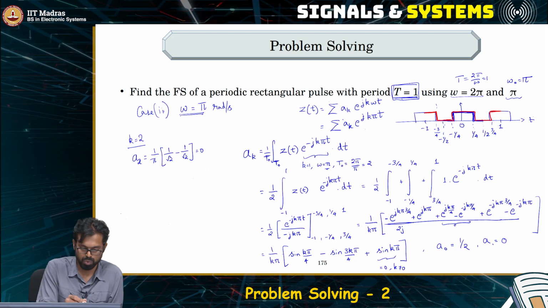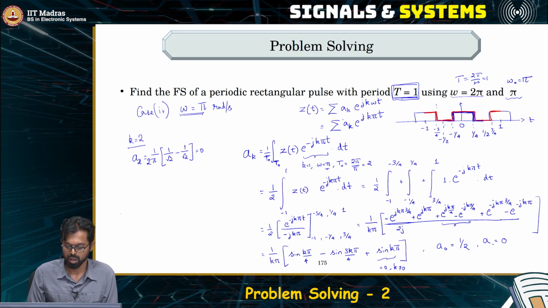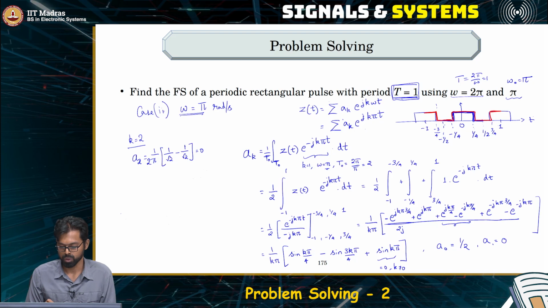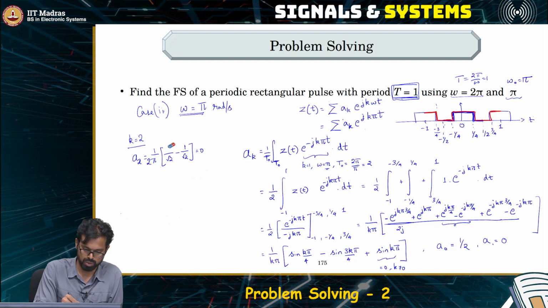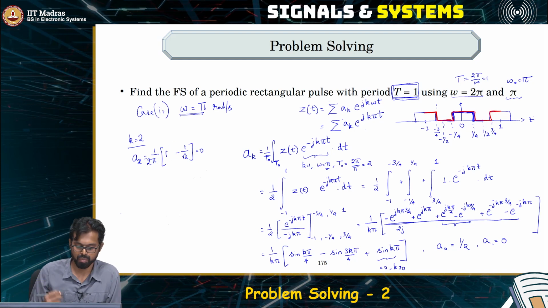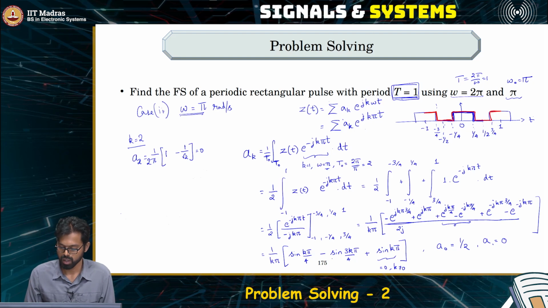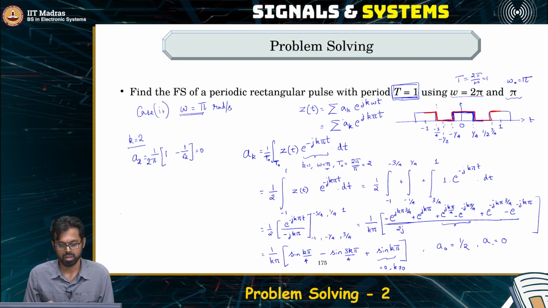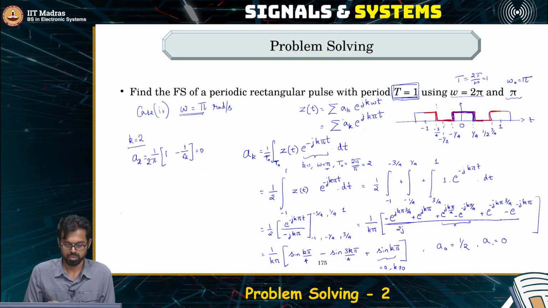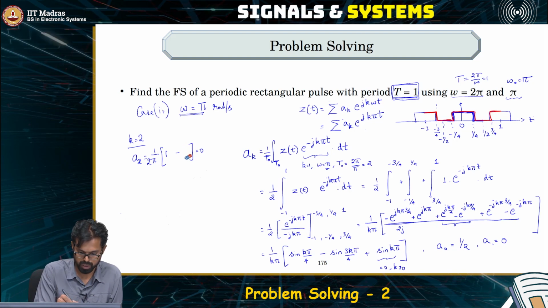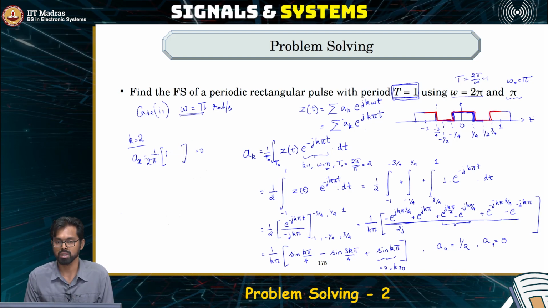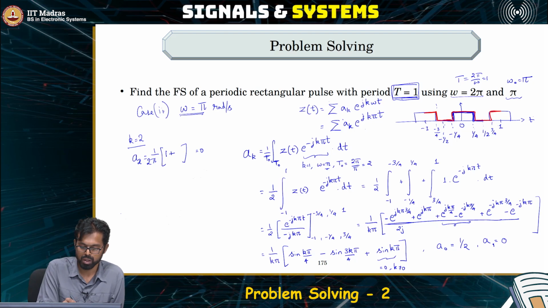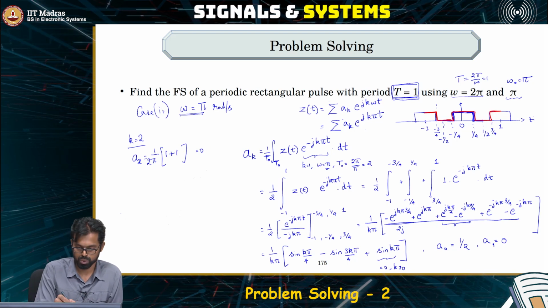So 1 by 2 pi sine 2 pi by 4, which is sine pi by 2, which gives us 1, okay, and sine 3 pi by 2. What is sine 3 pi by 2?